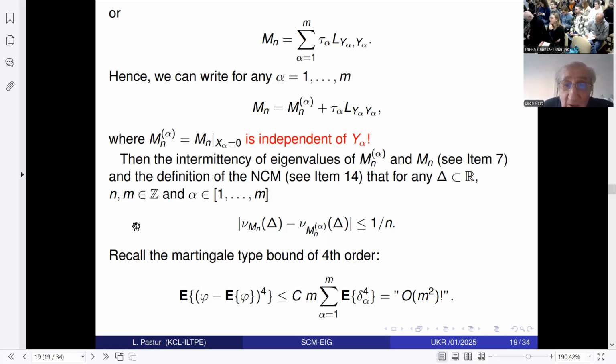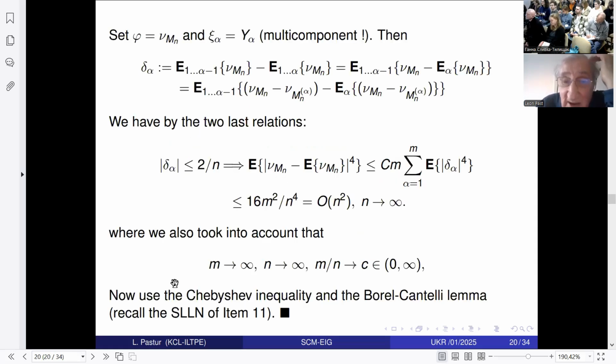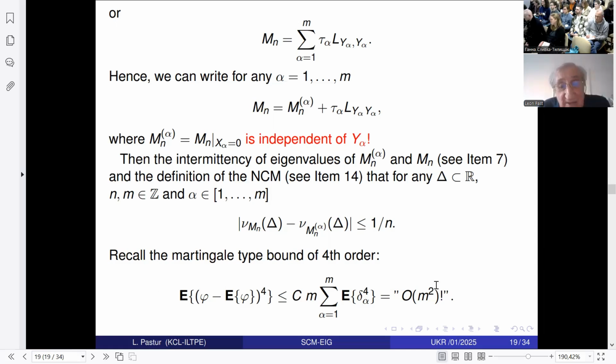And now recall our martingale type bound, but of fourth order. I am rewriting that for you. Just remind the construction. You have a certain number m of random variables, and there was a remark: our random variables are not necessarily just assuming values on the real axis, they could be random vectors, even random matrices.